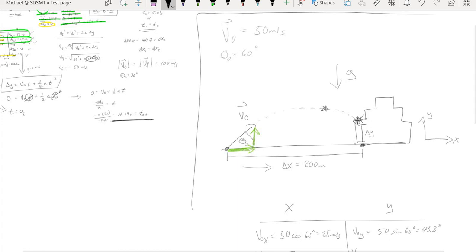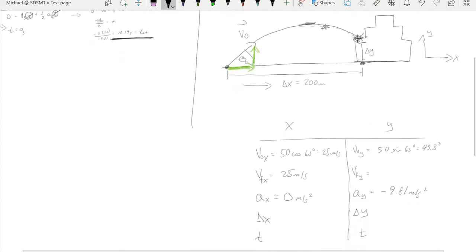Even though I've drawn it in a way that looks like it's already crested over its maximum height, it's possible that we could strike the castle while this payload is still ascending. But it's also possible that it could be striking during a descent.